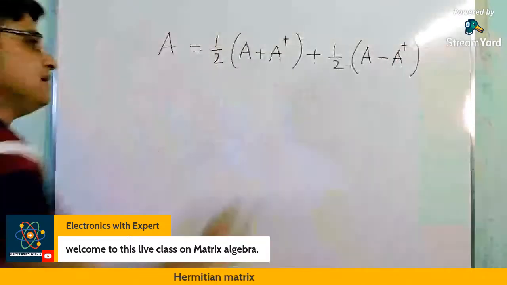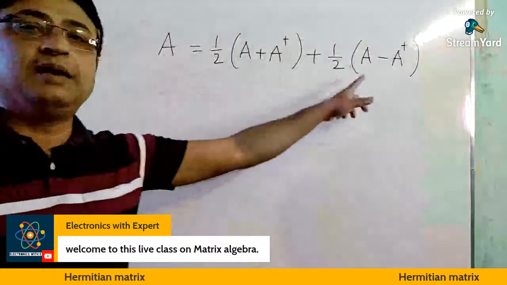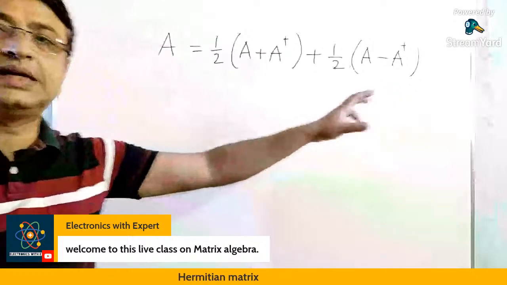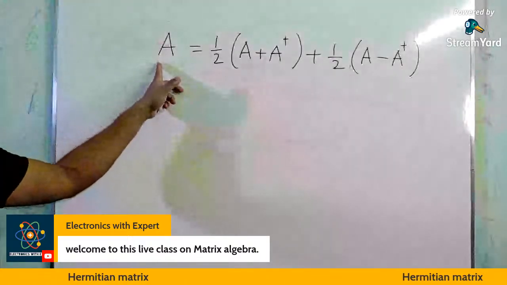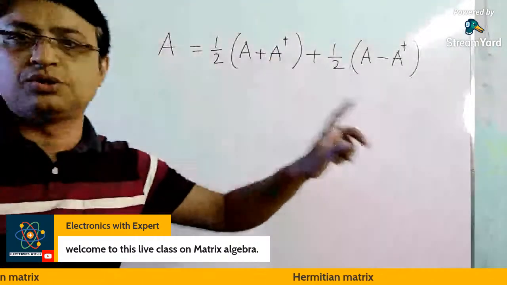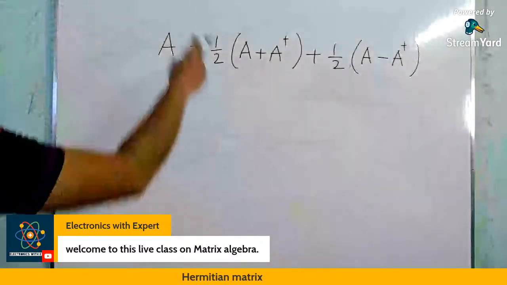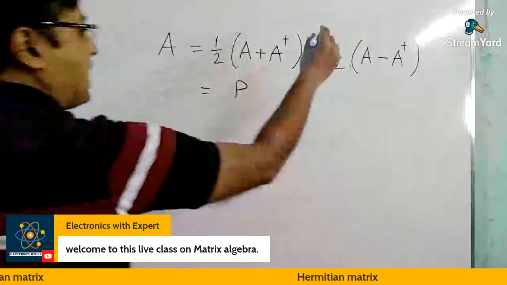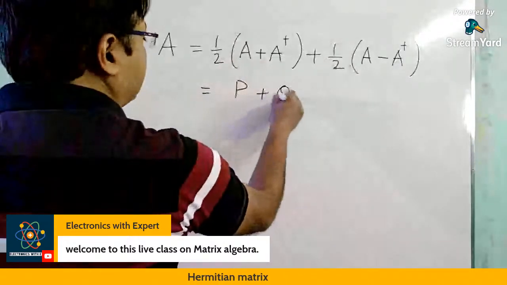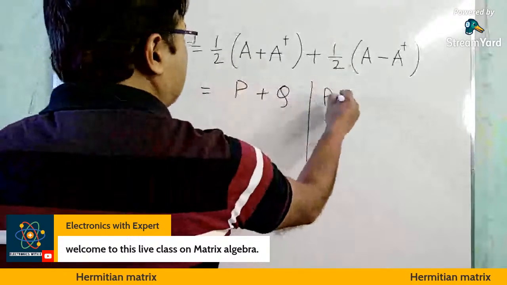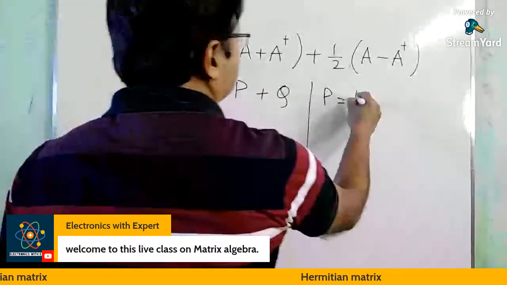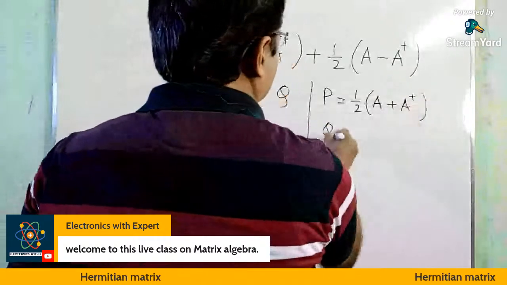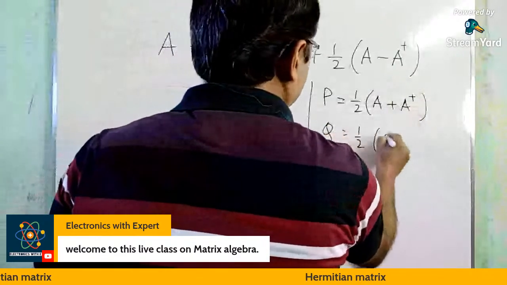As you can see, half of A plus half of A means A, and half of A dagger minus half of A dagger cancel each other. So on the left hand side I have written A, and on the right hand side I have also written A. Now half of (A plus A dagger) can be written as P, and half of (A minus A dagger) can be expressed as Q. So P equals half of (A plus A dagger) and Q equals half of (A minus A dagger).